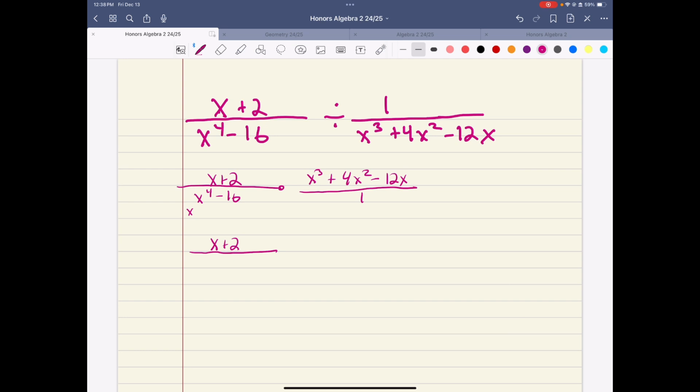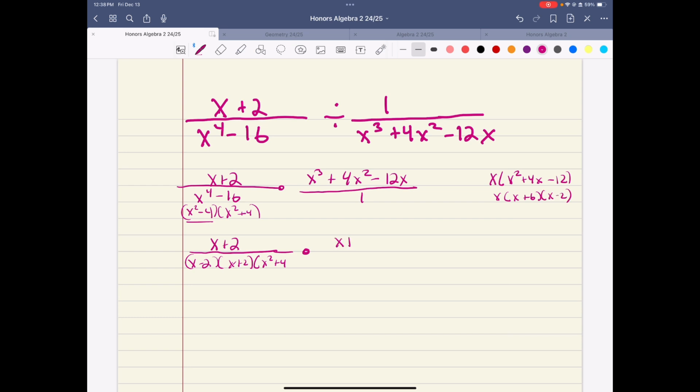So x to the 4th minus 16, that's x squared minus 4 times x squared plus 4. So x squared minus 4 becomes x minus 2, x plus 2, but then we still have x squared plus 4, times, I can take an x out of there, and that leaves me with x squared plus 4x minus 12, sorry, minus 12, and so that's x plus 6 and x minus 2.